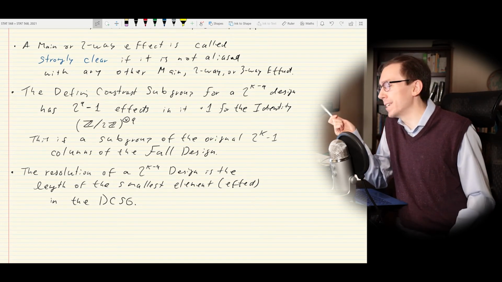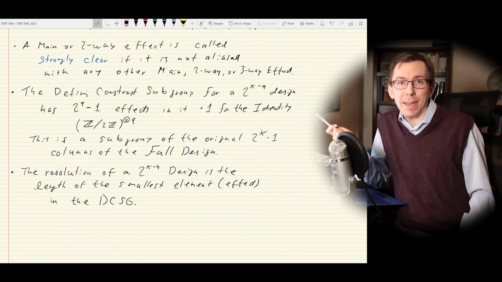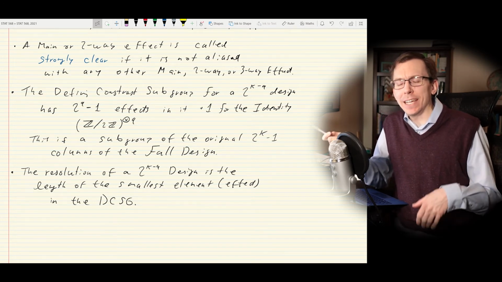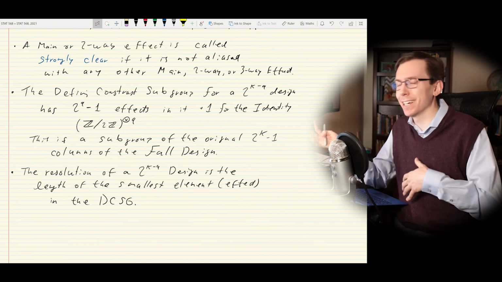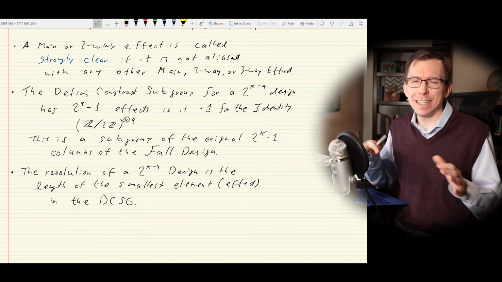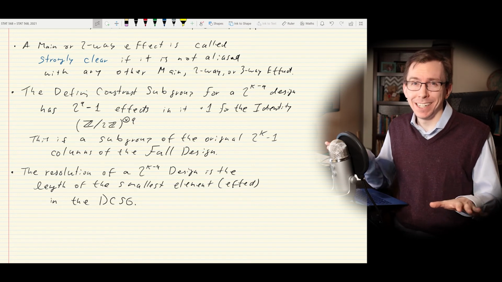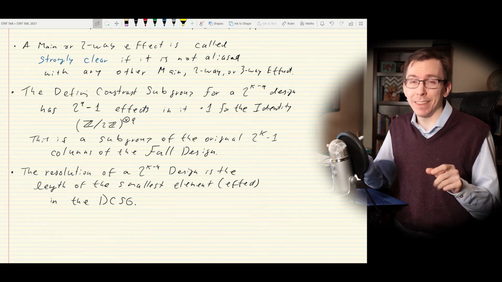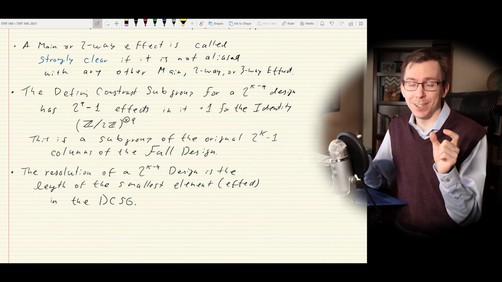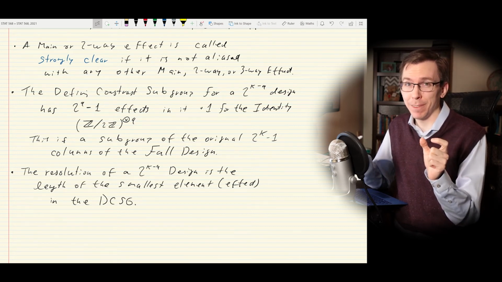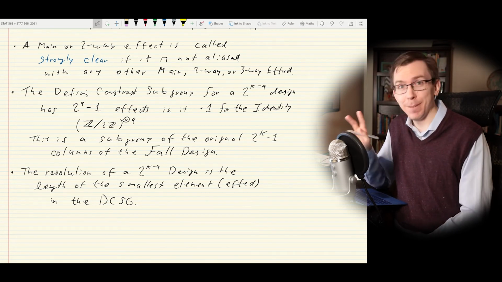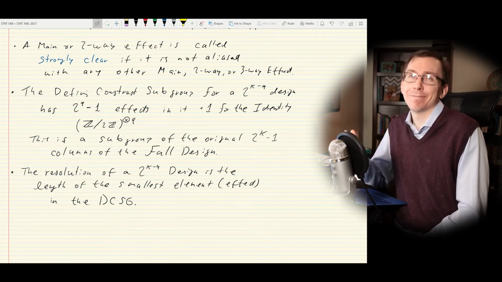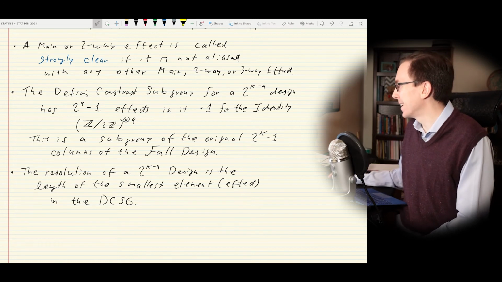Very often you can find papers that talk about a resolution 5 design, a resolution 4 design, resolution 3. Typically you don't want to go below 3, because a resolution 2 design means you have a length 2 term in your defining contrast subgroup, which means you're going to have two main effects aliased together. So resolution 2, bad. Resolution 3, okay, not great, but it's not bad.